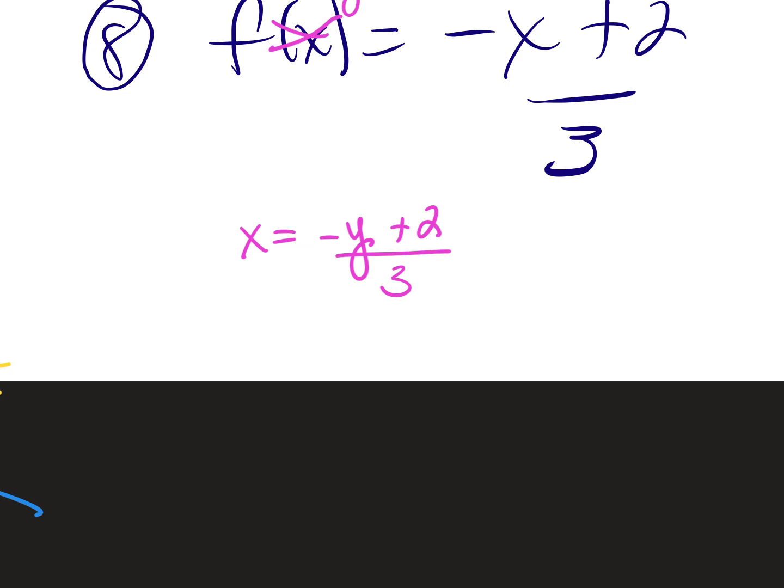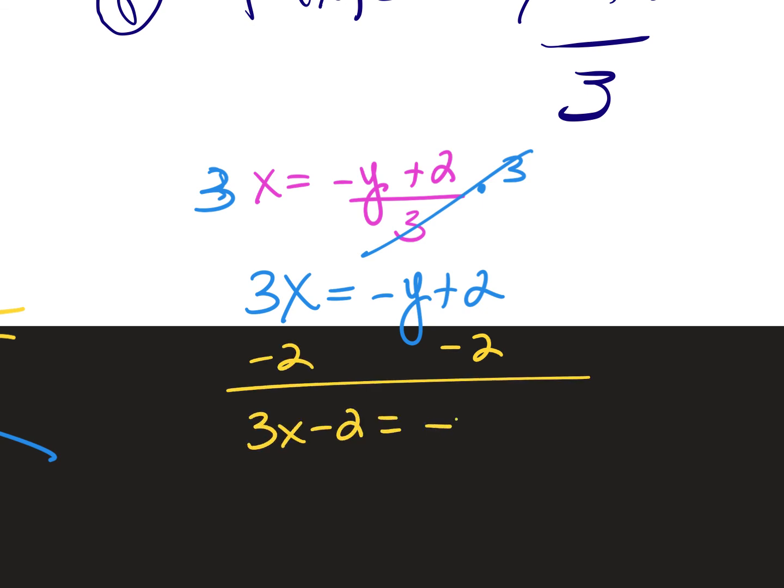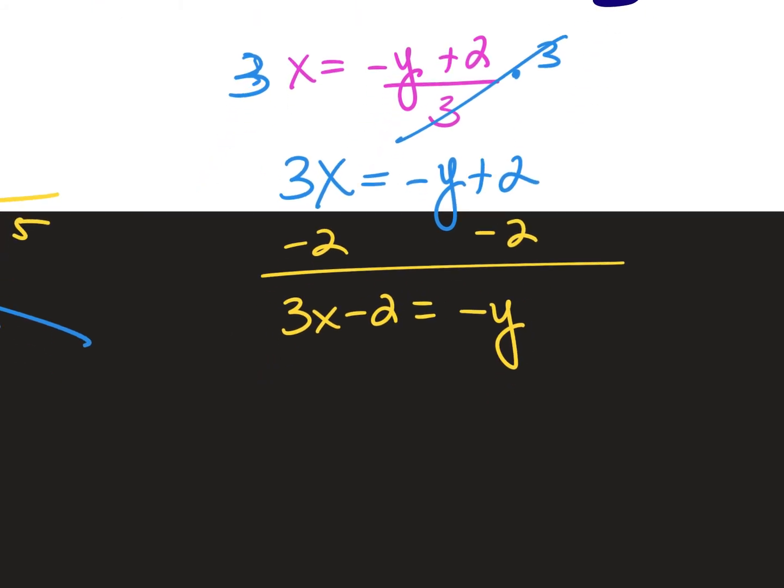So how do I do this? I'm going to multiply both sides by 3. I actually am going to do one extra problem because I thought of something on your website. So I have 3x equals negative y plus 2. Now what? Subtract the 2. So 3x minus 2 equals negative y. Is y all by itself? No. Why not?